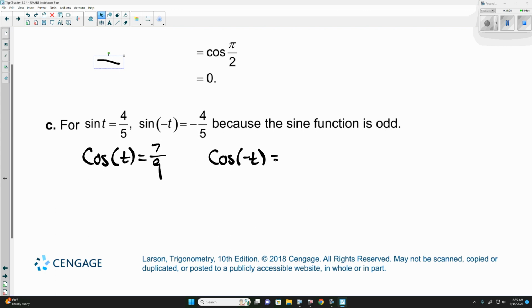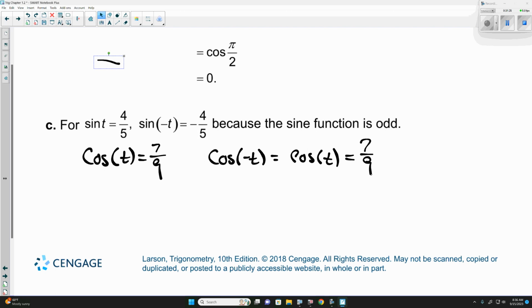So it's told us that cosine of negative t is equal to cosine of t, and we know that cosine of t is 7/9, which means cosine of negative t is also 7/9.